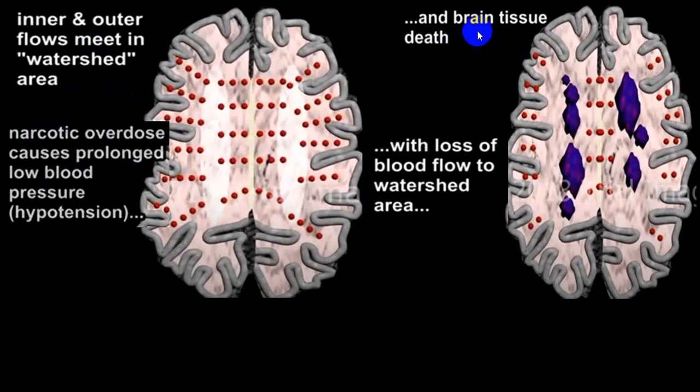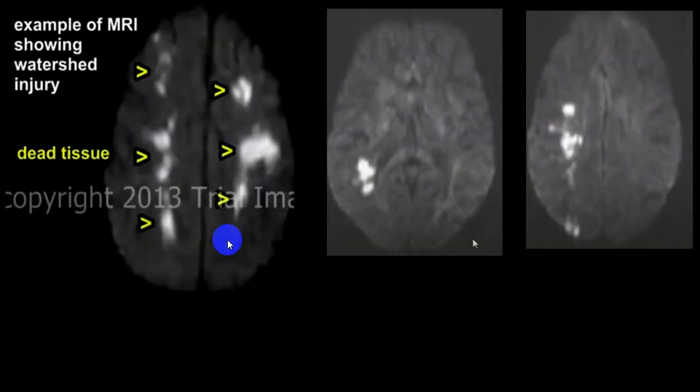And there will be death of tissue because of lack of blood supply in those watershed areas. So there will be damage to those areas, and you will get typical findings there.